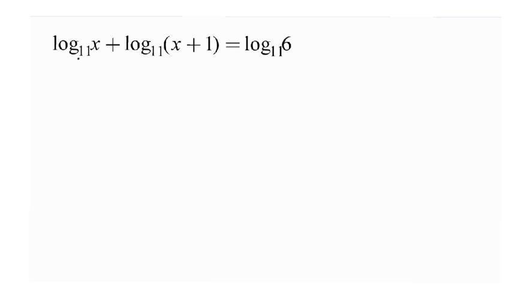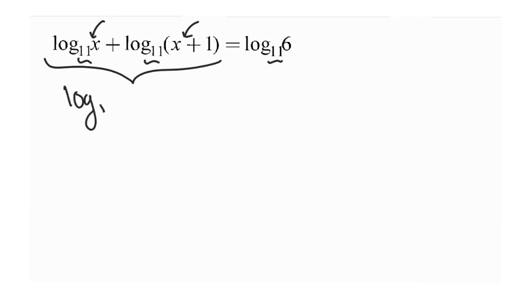So these all have the same base, but this is going to be a multi-step problem. First I'm going to take care of this. Since I'm adding them, I know that I can combine them into one log where I multiply these two pieces. So I have log base 11 of x times x plus 1, and it will equal log base 11 of 6 still.